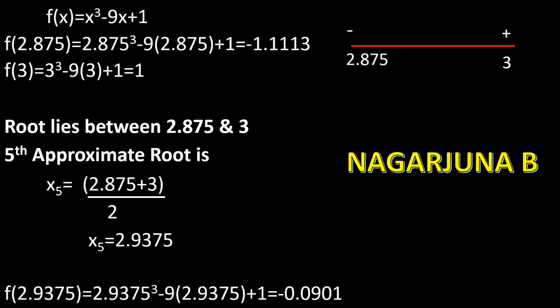So you have found a new root between 2.875 and 3, and that new root is 2.9375, and for that f of 2.9375 is a negative, so write a minus symbol over there. So now the root lies between 2.9375 and 3. This step you need to repeat until you get correct up to 2 decimal places.